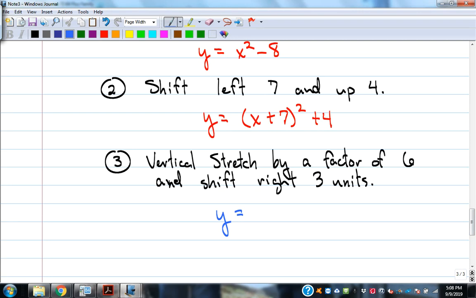So a vertical stretch is going to happen on the inside or outside? Outside, because it's vertical. All right.